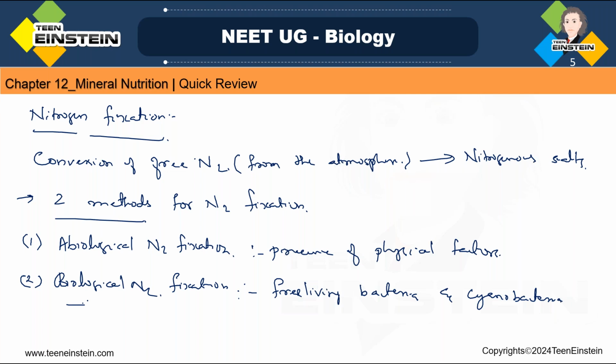Rhizobium is very important, the chief bacterium involved in biological nitrogen fixation. Which one? Rhizobium. This rhizobium is symbiotically associated with the roots of leguminous plants, and it forms root nodules.